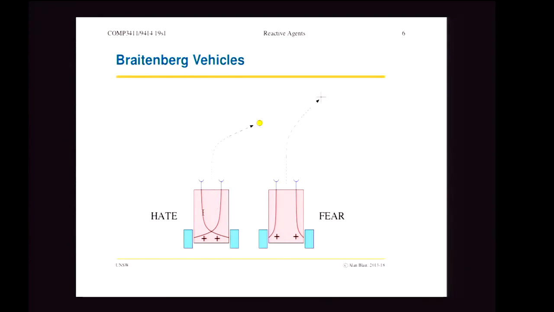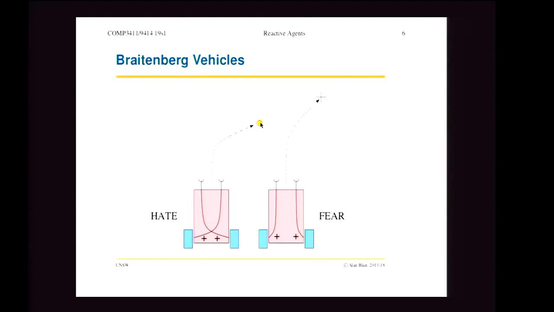These connections are crossed over. The idea is that if there's no light, the vehicle just sits motionless. But if it detects a light source, it causes the wheels to speed up. Think about what's going to happen with this vehicle.